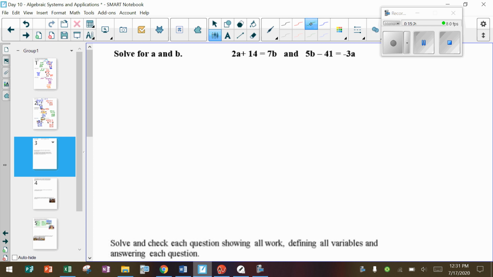So I'm going to rearrange some things here. I need to bring the 7b over and move the 14 to the other side. And I need to bring the 3a over and move the 41 to the other side. That way everything's in the same order.